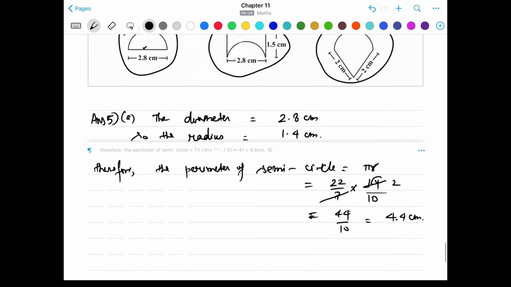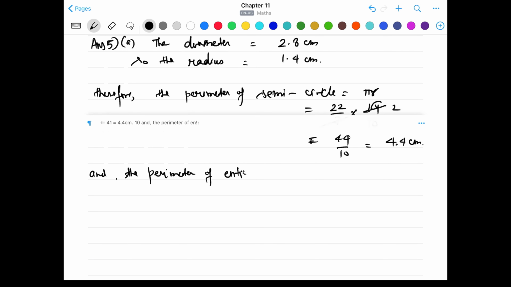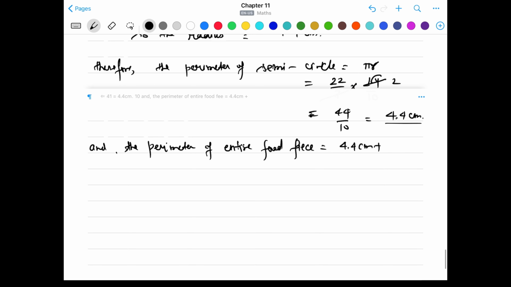Now we are going to add this to this length, which is 2.8 centimeter. So we write the perimeter of the entire food piece will be this semicircular part plus this straight line bar, which is 2.8 centimeter.